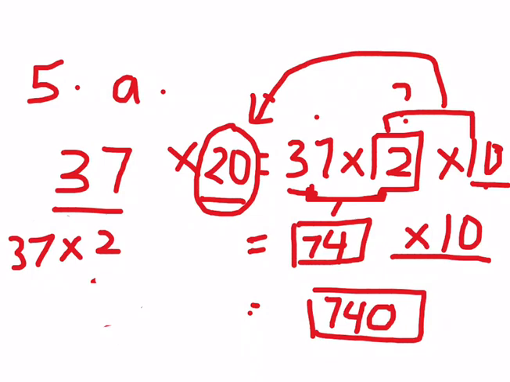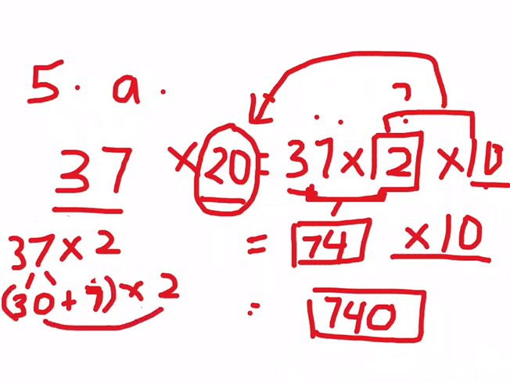This one becomes 30 plus 7, times 2. Right? Okay? So, 30 plus 7 is times 2. So, you can do it one by one.